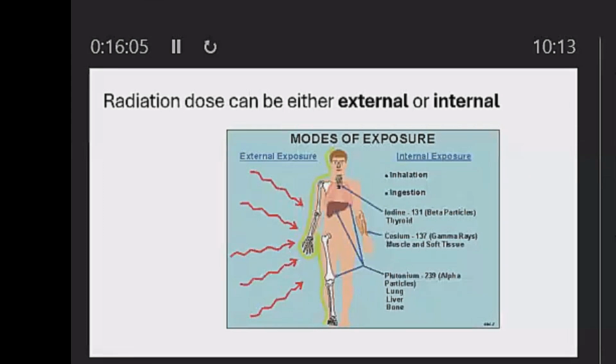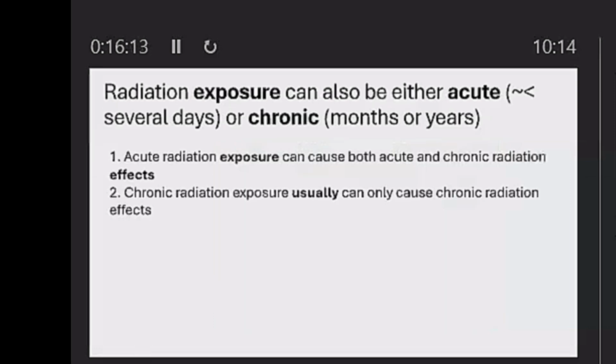So anyways, that's external exposure or internal exposure. And radiation exposure can either be acute or chronic, right? Hiroshima was an acute event. You just get a huge dose, like 1 gray or more, in a second.